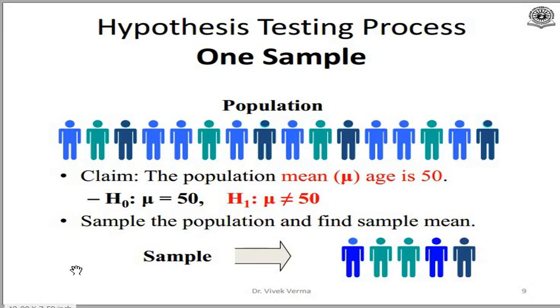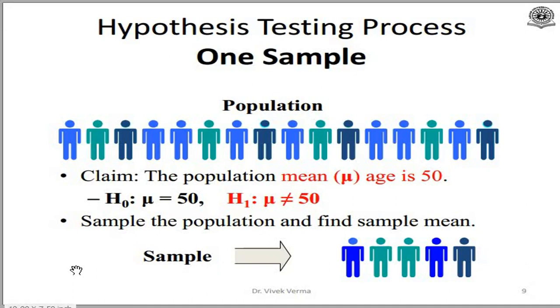The broadest alternative hypothesis in contrast with the null hypothesis is that our mean is not equal to 50. That says the mean may be more than 50, maybe less than 50, but is certainly not exactly 50.